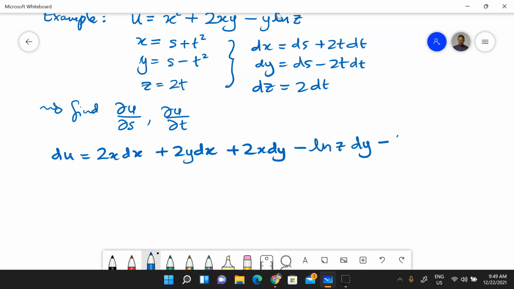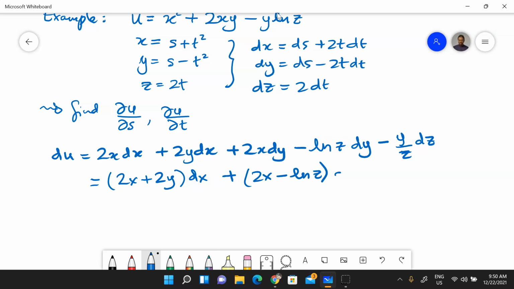That gives me minus y over z dz. So now what one can do is collect the terms of dx, dy. Let's do that first as a simplification. So I get 2x plus 2y times dx, and then plus 2x minus log z dy, and then minus y over z dz.